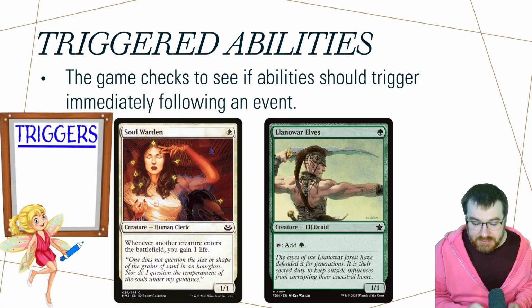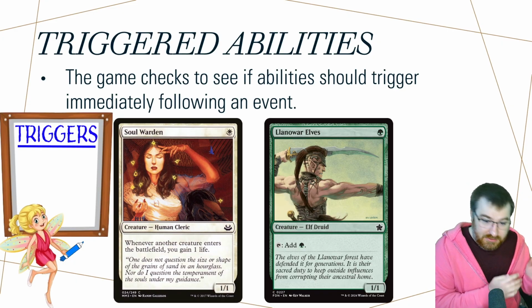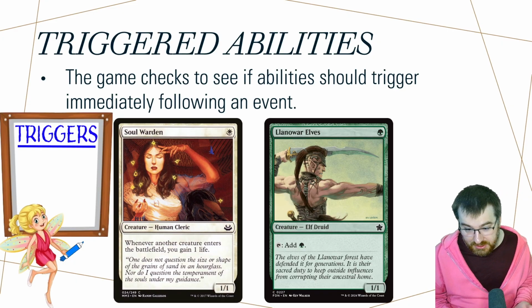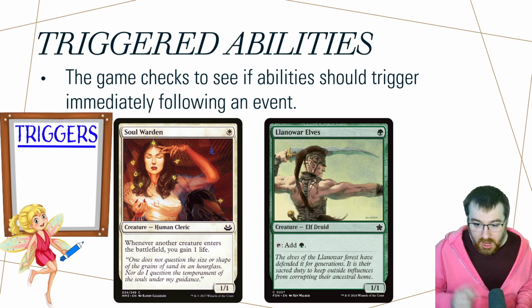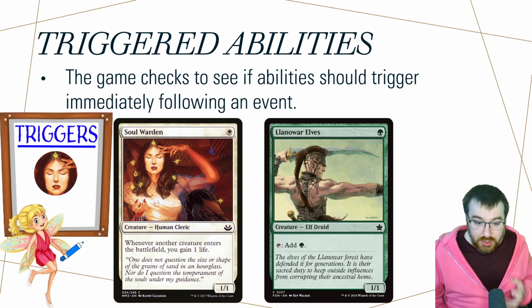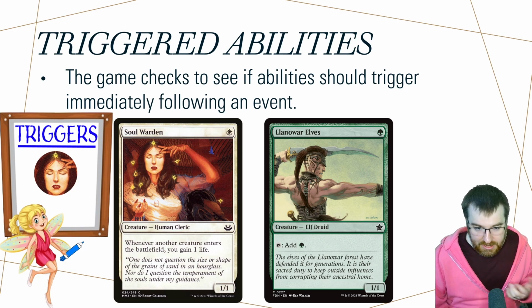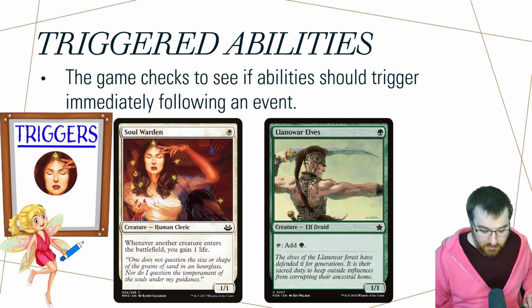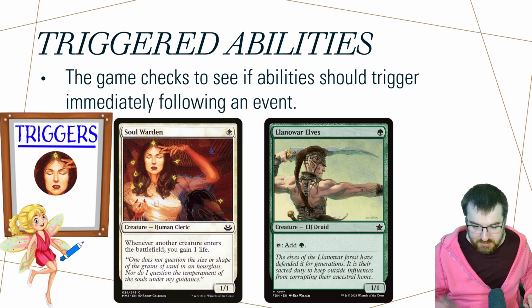Immediately after those creatures enter, the triggered ability fairy surveys the game state to see if any abilities should trigger. And when she finds Soul Warden, she goes, "Oh, hey, a creature that isn't Soul Warden entered the battlefield since the last time I checked for triggered abilities." So she will put Soul Warden's trigger on the whiteboard, where it will, again, wait to go on the stack until a player gets priority.